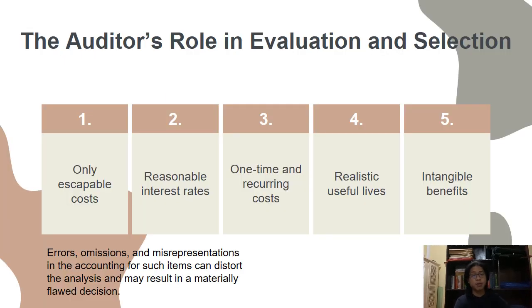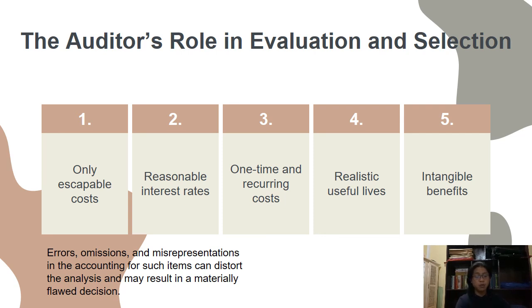So as for the last part of phase 4, we should know the auditor's role in evaluation and selection. The primary concern for auditors is that the economic feasibility of the proposed system is measured as accurately as possible. Specifically, the auditor should ensure these 5 things. First, only escapable costs are used in calculation of cost savings benefits.